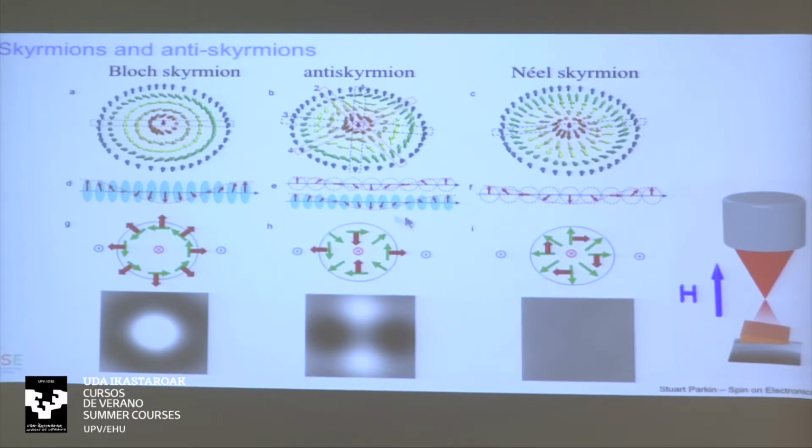So an antiskyrmion is shown here. This is, as I said, a simulation. And what happens in the antiskyrmion is that the wall type changes as we move around the antiskyrmion. And it changes from a Bloch type to a Néel type, back to a Bloch, Néel, Bloch. So around the circumference, it alternates between a Bloch wall and a Néel wall.